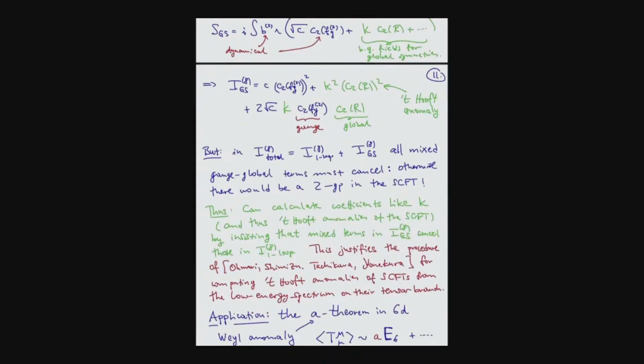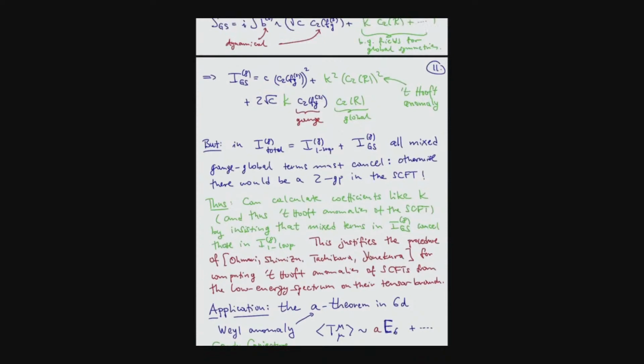Good. So this procedure for calculating these kind of anomaly coefficients like K was proposed a while ago in a paper by these authors. And it was clearly correct, but it was very mysterious. And here you see that the justification involves a somewhat non-trivial argument going by the route of two-group symmetry and its absence.